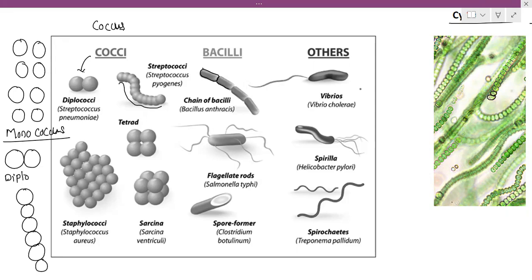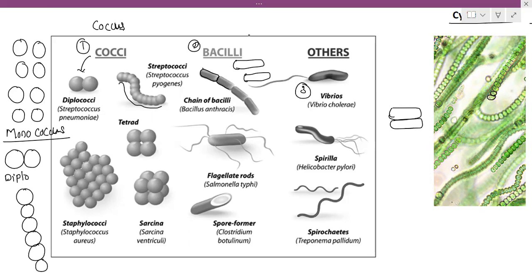Most of the time, bacillus live alone. It lives as a single bacteria. Very few times it forms a chain. Sometimes it forms a diplobacillus, where one bacteria has another one attached, but that is very rare. Otherwise mostly it stays single. Then the third shape, cocci is the first one, bacillus is the second, third one is vibrio.